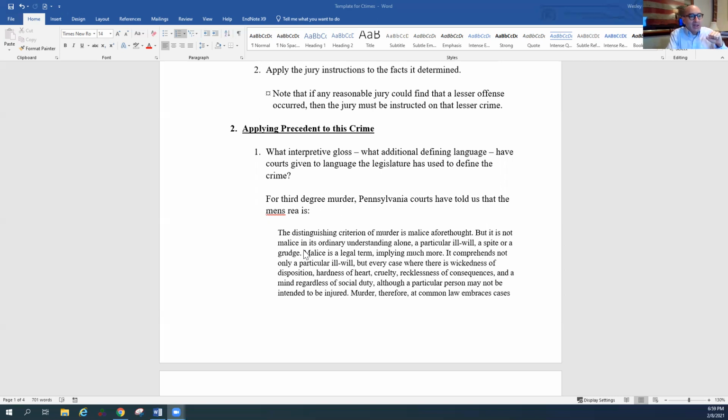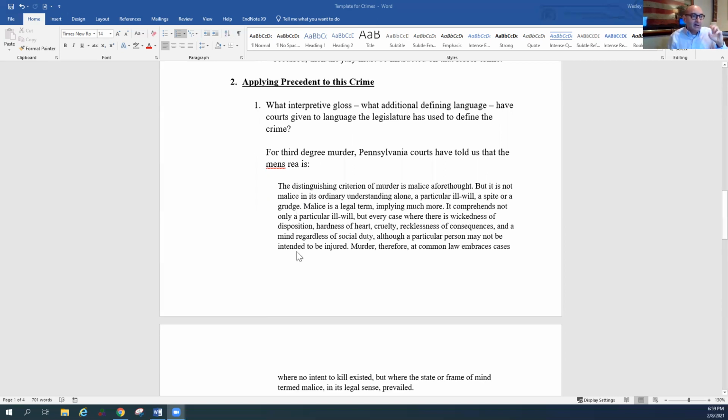And so we have in the cases we've looked at this quote, the distinguishing characteristic of murder is malice aforethought, and that can be defined by any number of things: particular ill will, wickedness of disposition, hardness of heart, cruelty, recklessness of consequence.